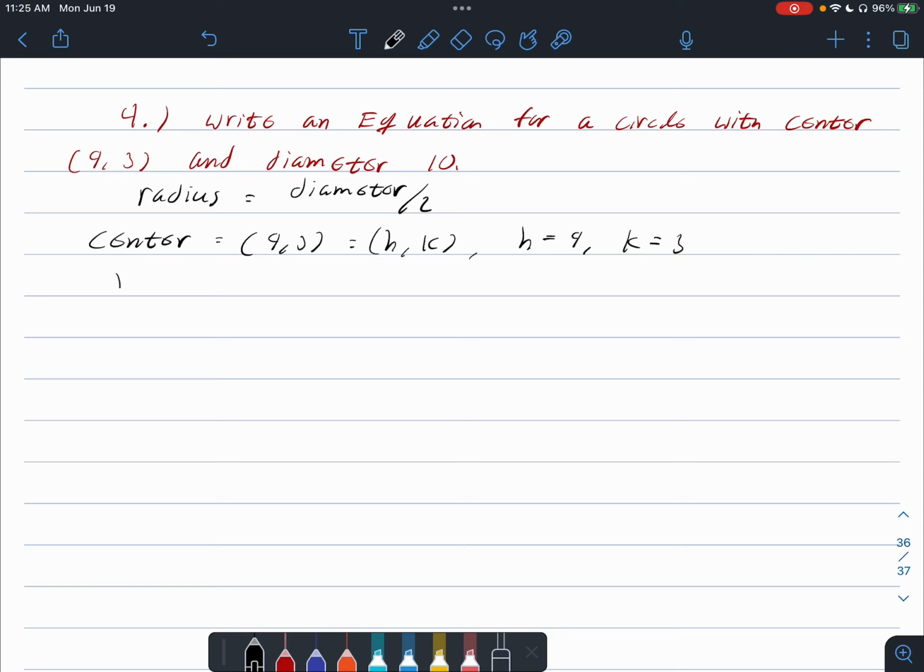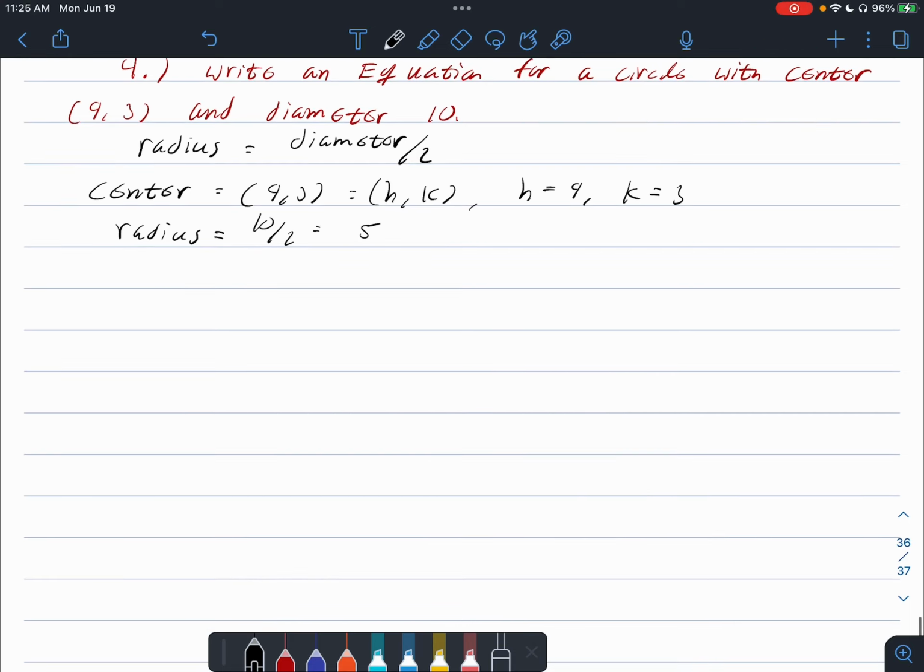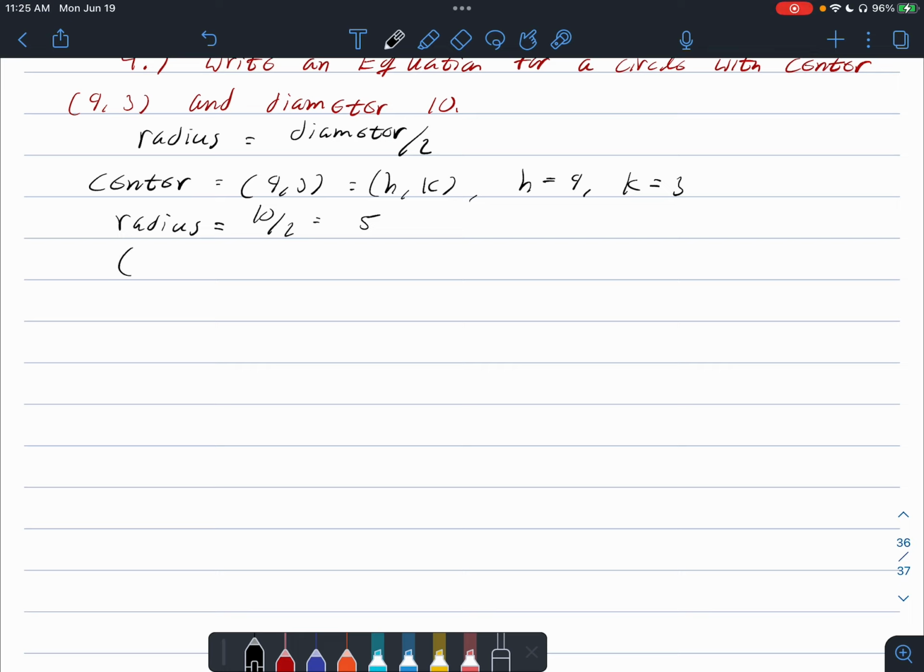And our radius equals diameter divided by 2, or in this case, 10 divided by 2, which is just 5. So the equation for our circle is going to be (x minus 9) squared plus (y minus 3) squared is equal to 5 squared, or 25.